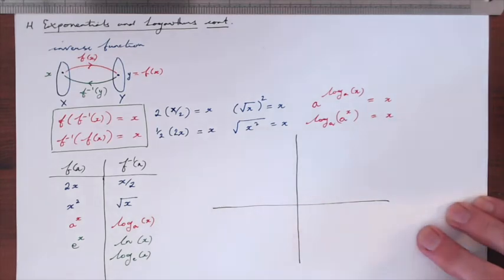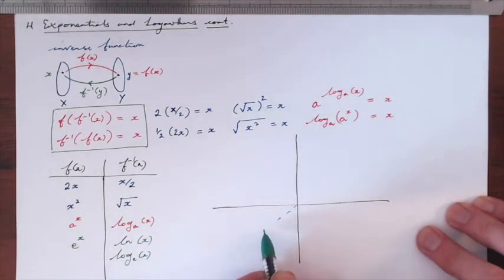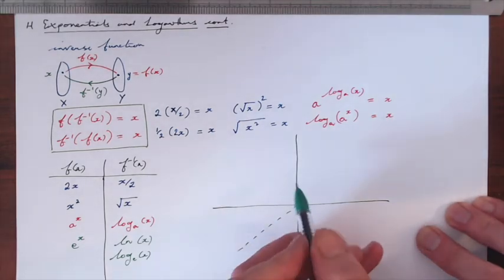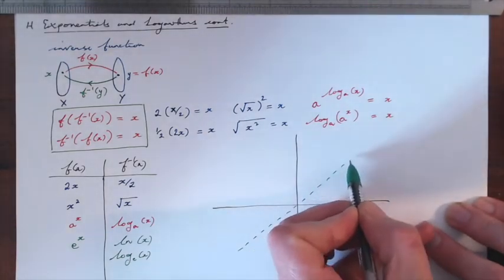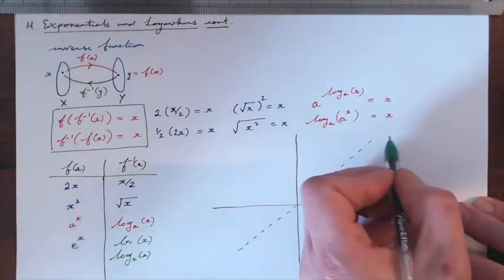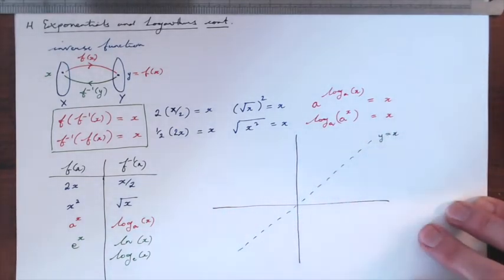So let me sketch on here a diagonal, which is really just the line y equals x. Reflecting a function about this line automatically generates the inverse function. So this is just the line here, y equals x, and we're thinking of that as a mirror.